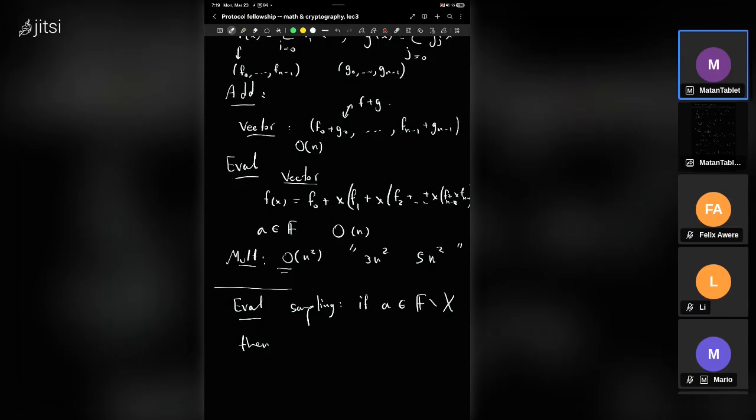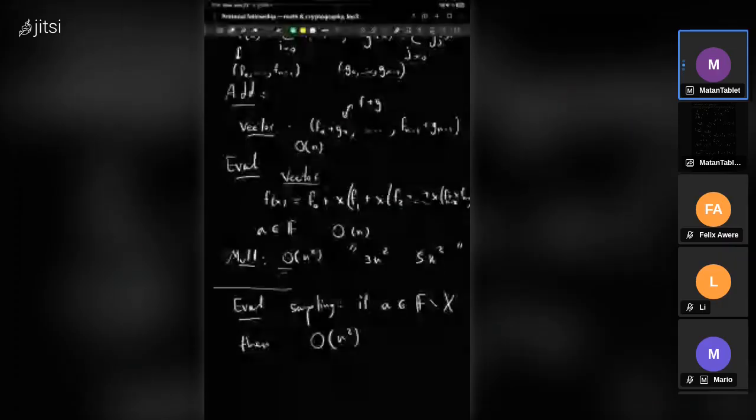And constructing the polynomial with Lagrange interpolation, we said it would take me n squared. And after I construct it, then I evaluate the resulting polynomial in a. It would take me O of n. So all in all, the order of magnitude is n square operations.